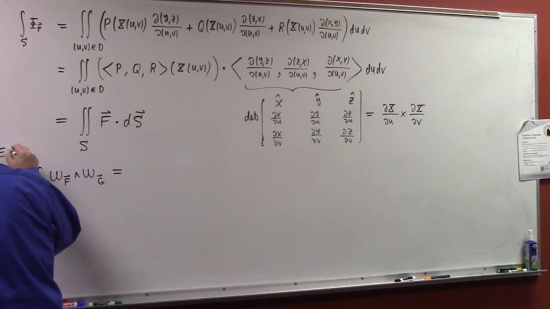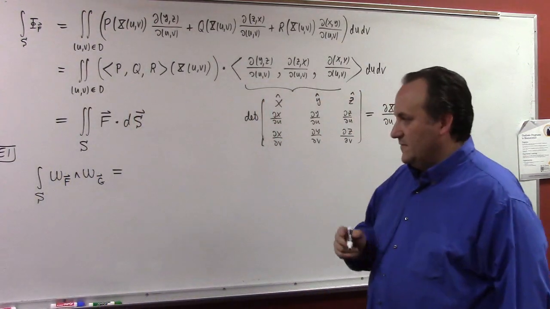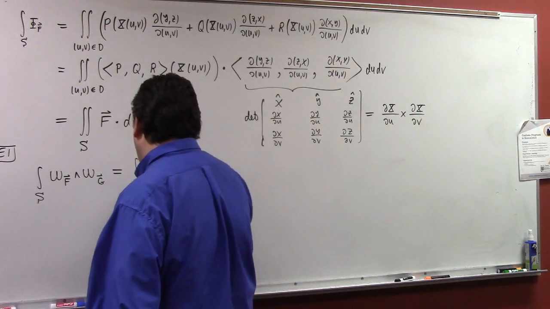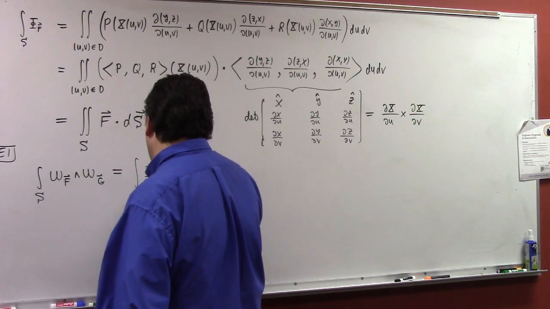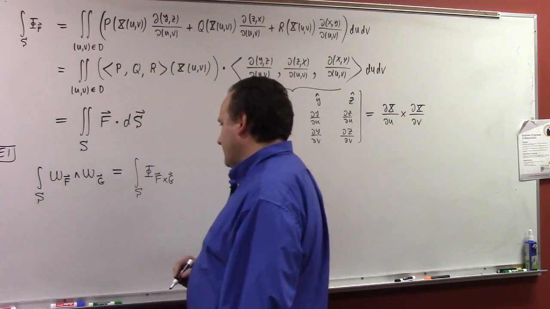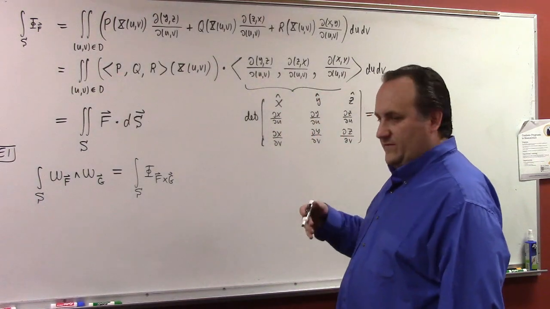Example 1. Also known as just messing around. So this, of course, we talked about this. This is the flux form of what? The cross product, right? So that's just algebra so far.